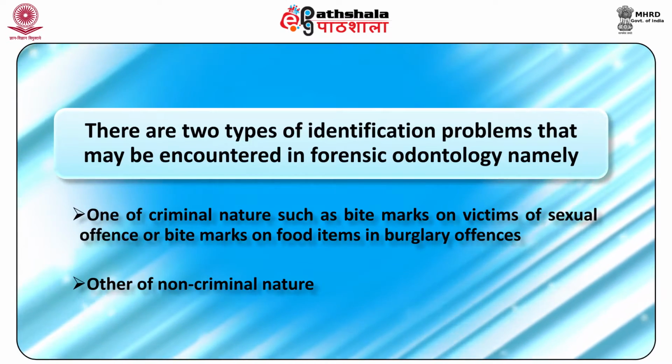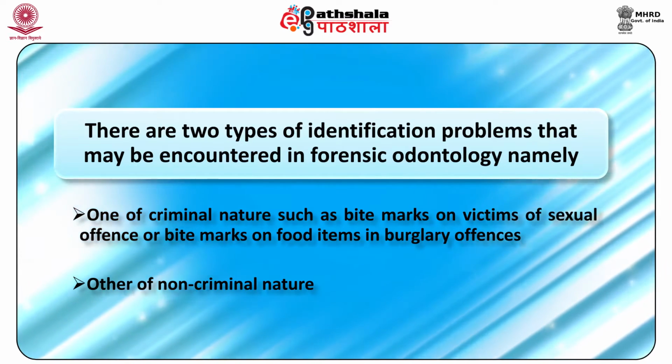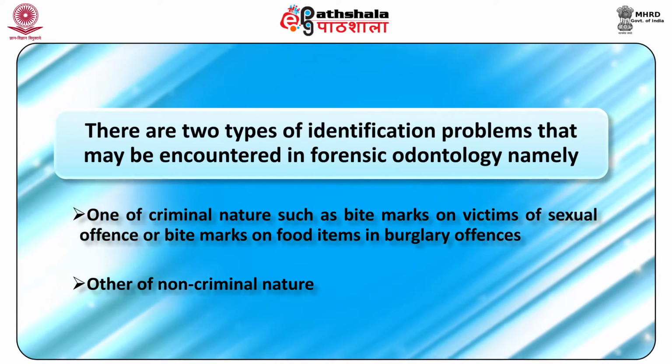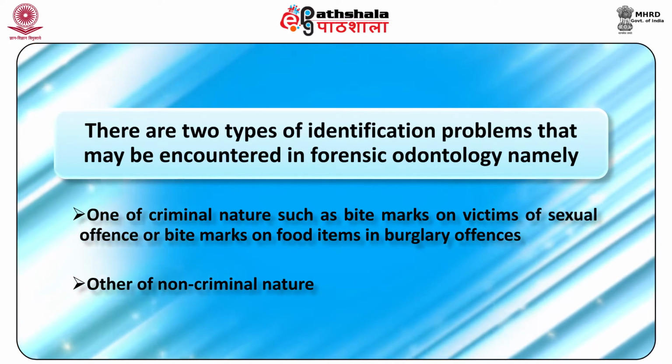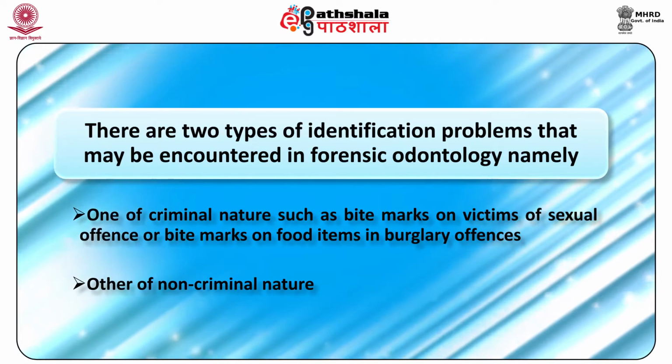Briefly speaking, there are two types of identification problems that may be encountered in forensic odontology, namely one of criminal nature, such as bite marks on the victims of sexual offense or bite marks on food items in burglary offense, and the other of non-criminal nature.